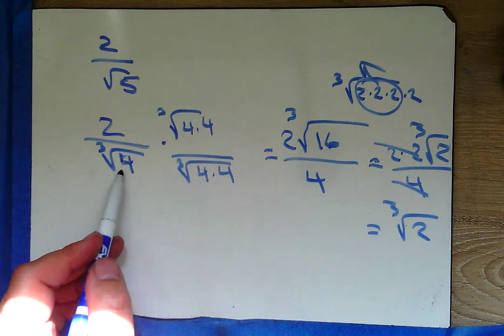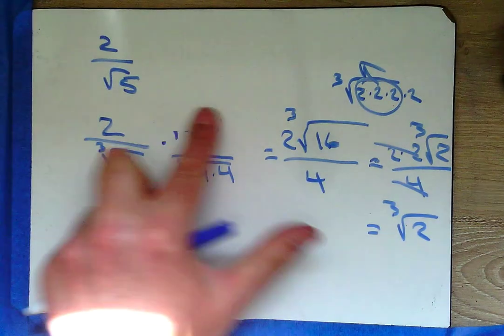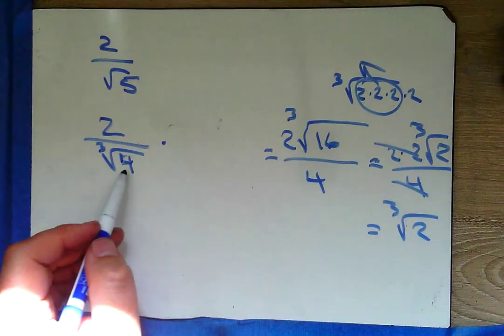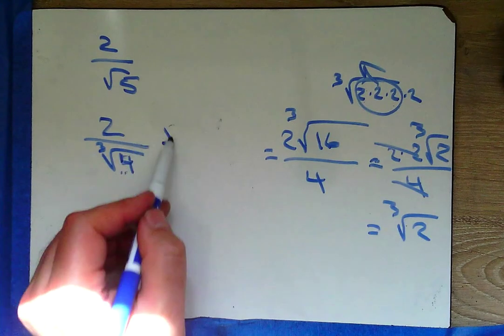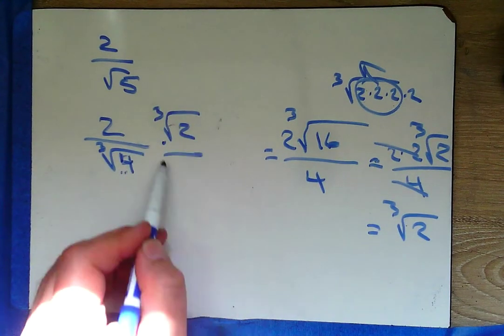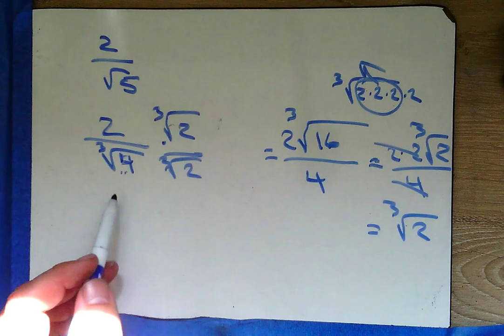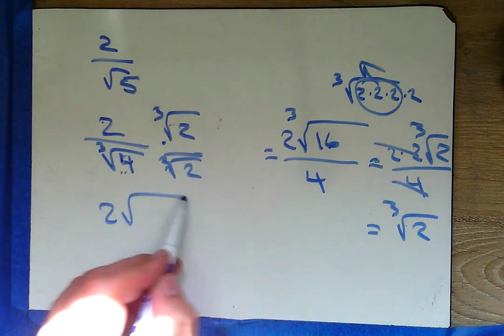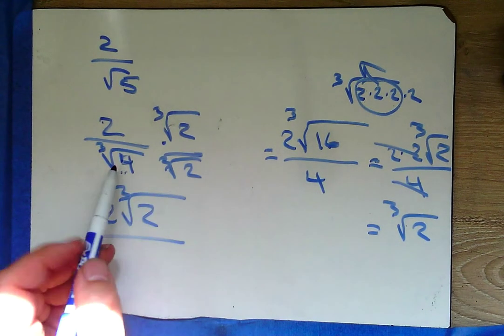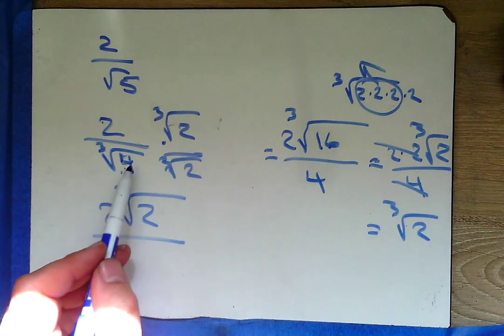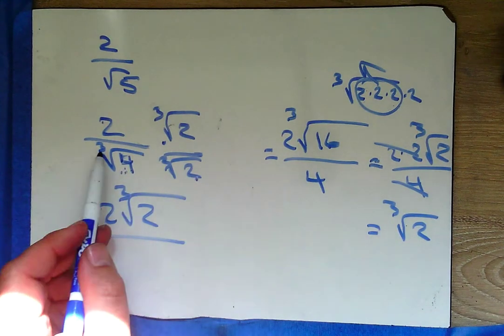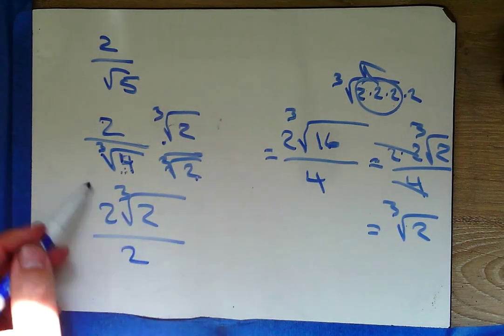You saw 1 4, so you multiplied by 2 more. Do you know what I saw when I did this one? I saw 2 2's. So I just multiplied top and bottom by cube root of 2. So on top, I have 2 cube root of 2, and on the bottom, I have 2 times 2 times 2 under that cube root, so I pull out a 2.